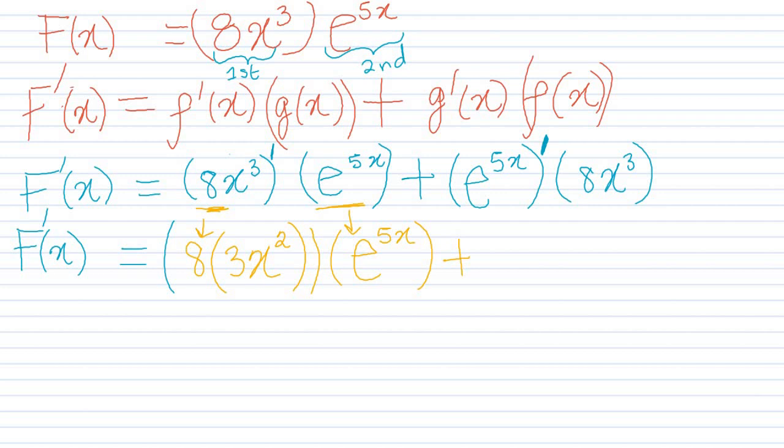Plus the derivative of the first function plus the derivative of the second function, and in this case the second function is e to the 5x.